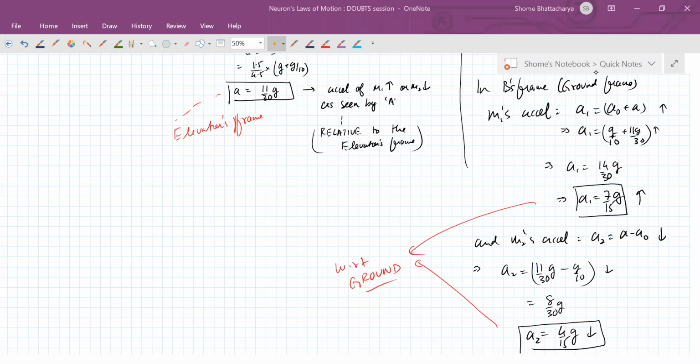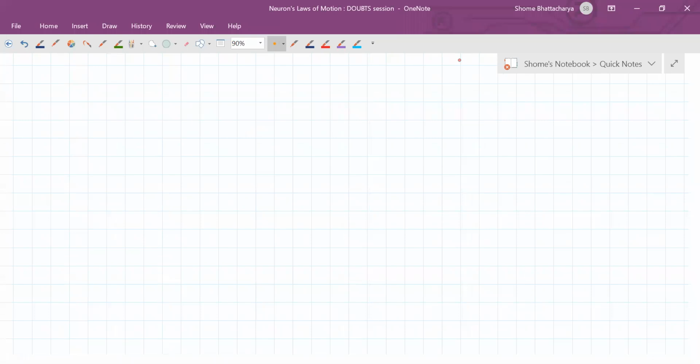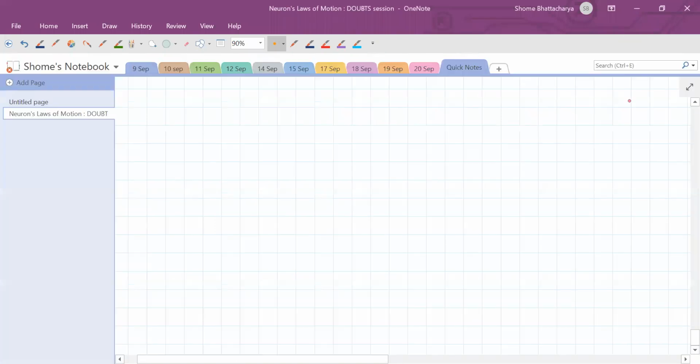Okay, let's come to question 15, the one just before this. Question 15 is also a good one to understand the concept of pseudo force. True weight is the actual gravitational force acting on a body.